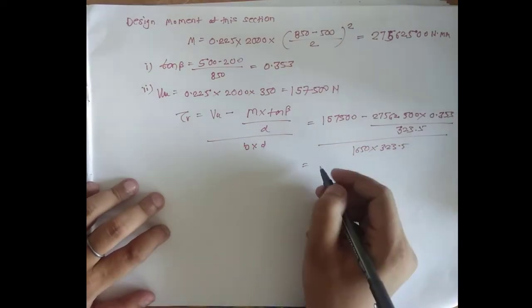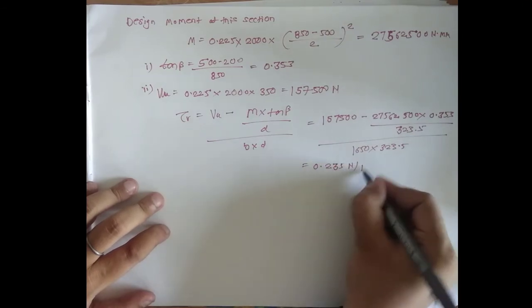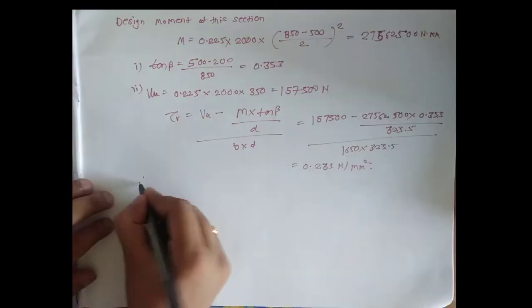So it is coming out to be 0.235 Newton per mm square.